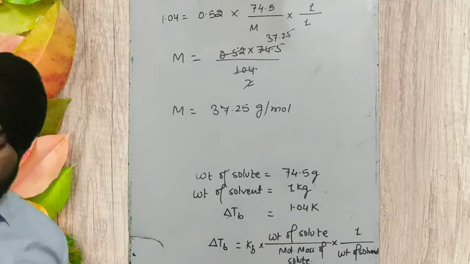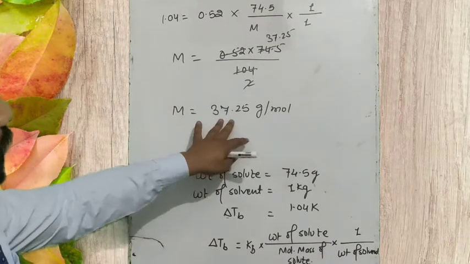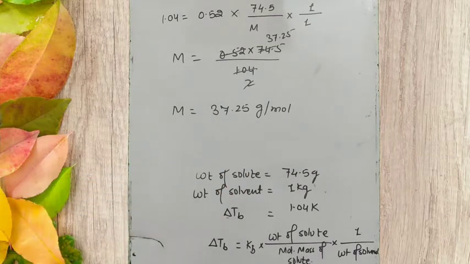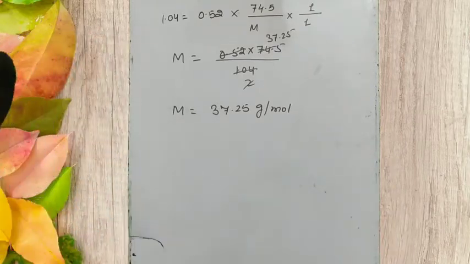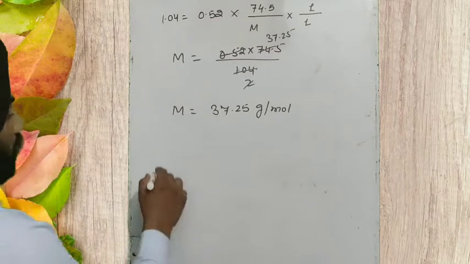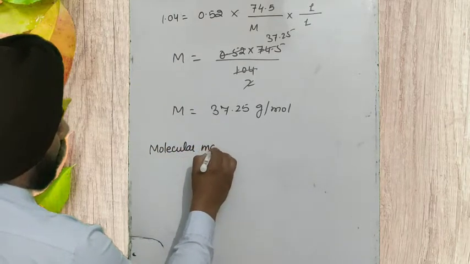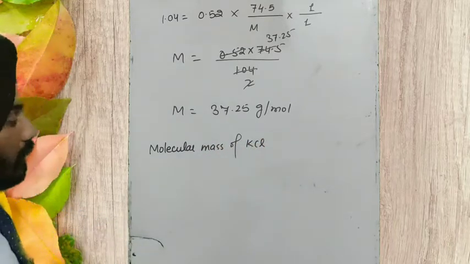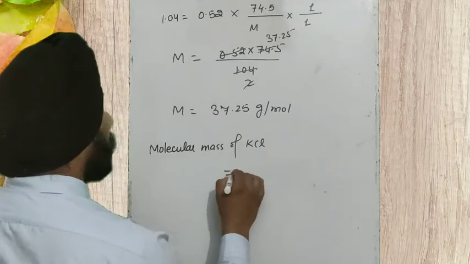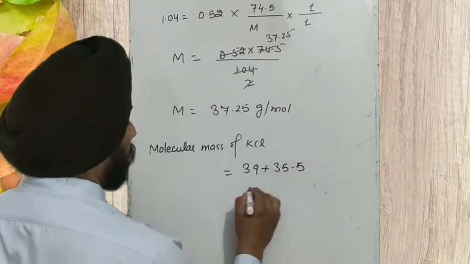Is it correct? From this question we got that the molecular mass of KCl must be 37.25 gram per mole. But if we add it manually, what is the molecular mass of KCl? K is 39 and Cl is 35.5.